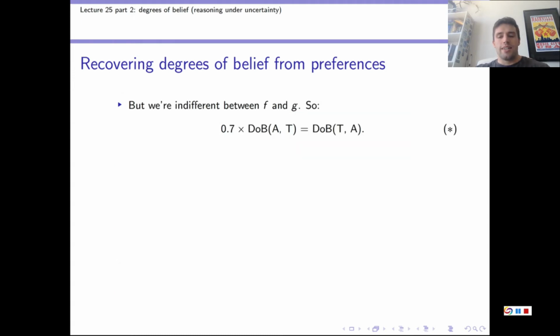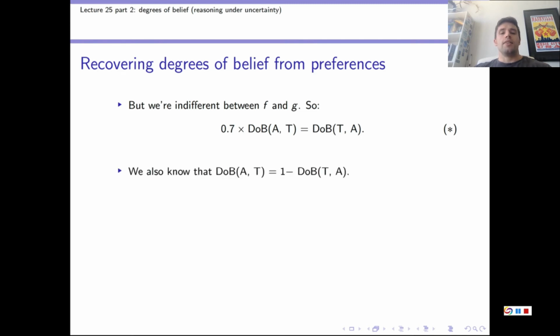Now, since we're indifferent between acts F and G, by the second representation theorem, the expected utility according to Act F is equal to the expected utility according to Act G. So, using what we've just shown, that means 0.7 times degree of belief in AT equals degree of belief in TA. Let's call this equation star. We also know that these degrees of belief must add up to 1.